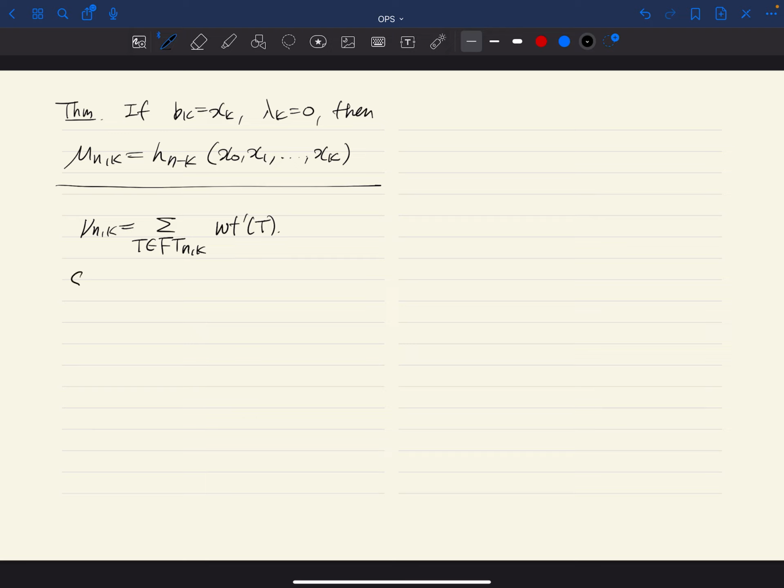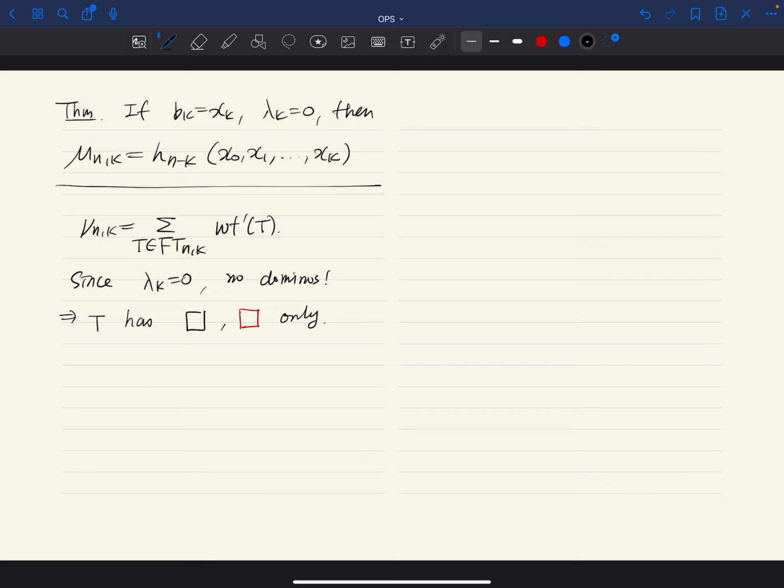And because lambda k equals 0, that means we cannot have a domino. We only have monomials, only single squares. So no dominoes. That means T has this only. All right.